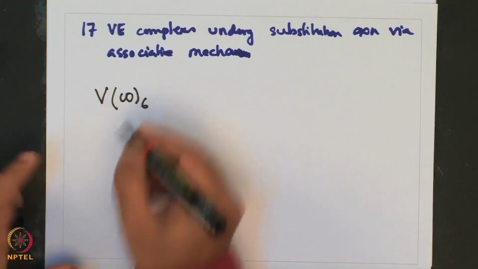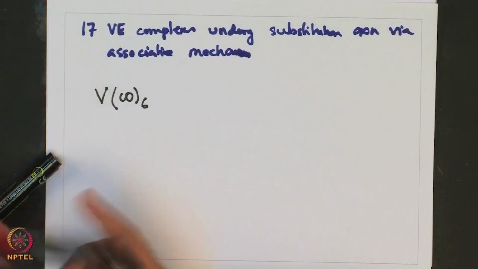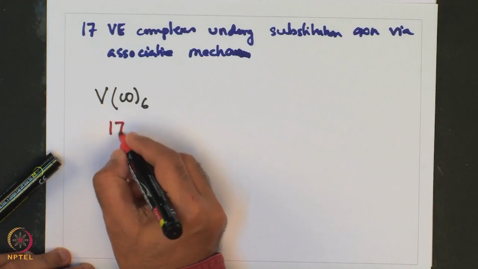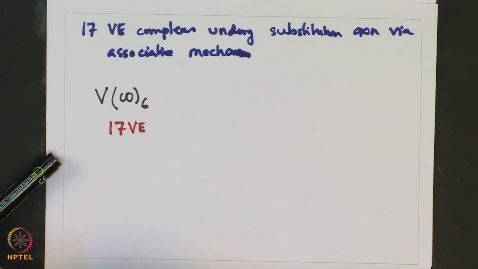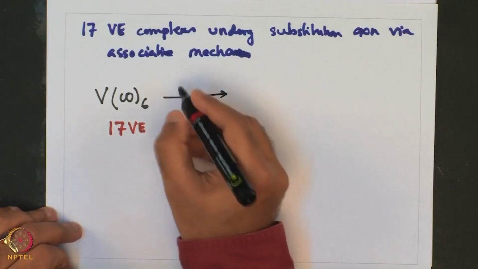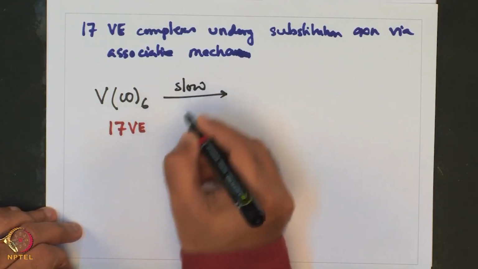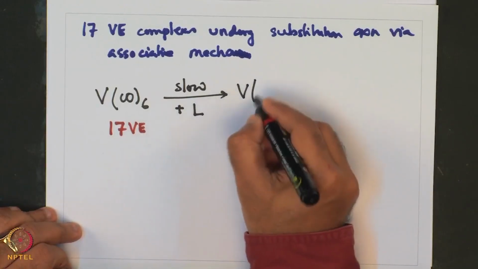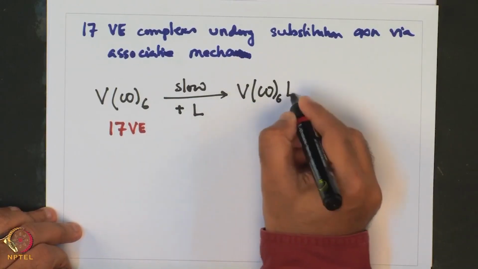So, VCO6, this is the 17 valence electron species. It is susceptible to adding an electron donor, which gives VCO6L.